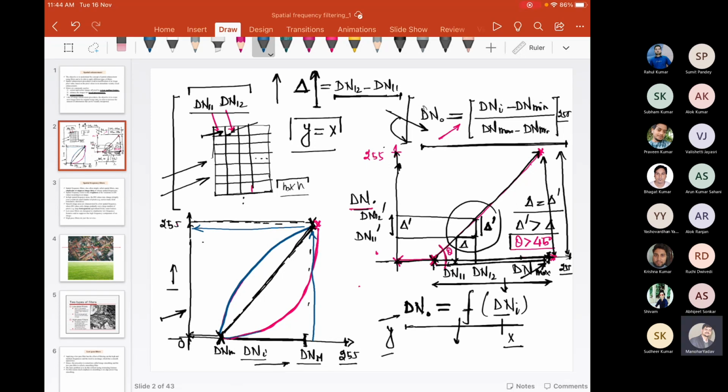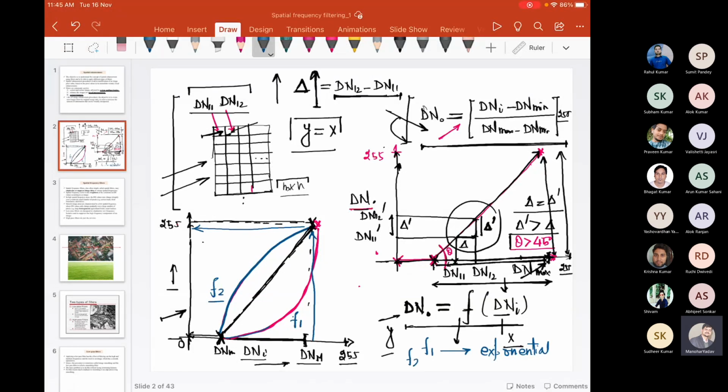If the first case, if I say this is F1 and this is F2, then both F1 and F2 are non-linear in nature. I hope it is clear. If you see over here, this F1 is exponential, while what will be the nature of F2?